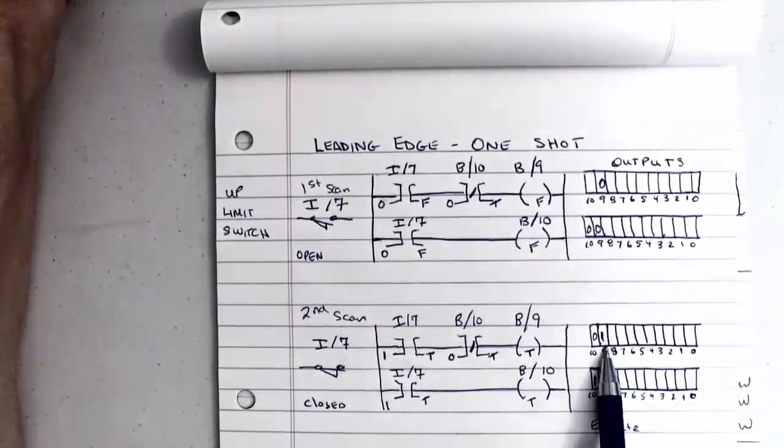So it saw this go high, so B9 would go high as a real-time output, and then B10 would go high as a real-time output. So after the second scan, both the B9 and B10 bits would be true in the field.